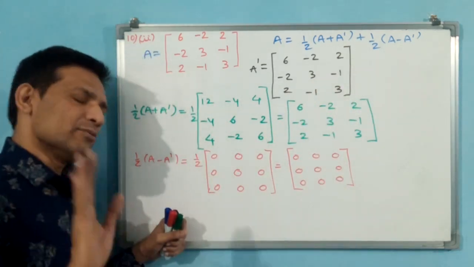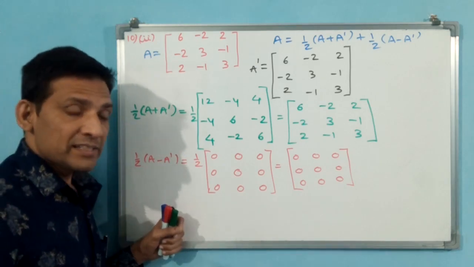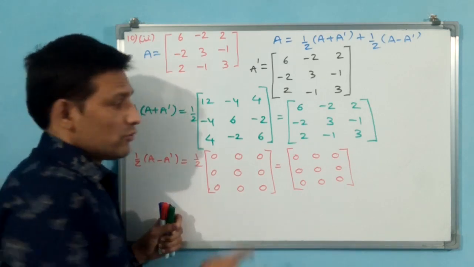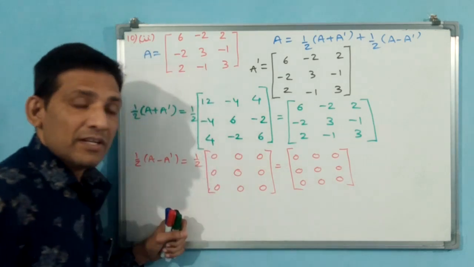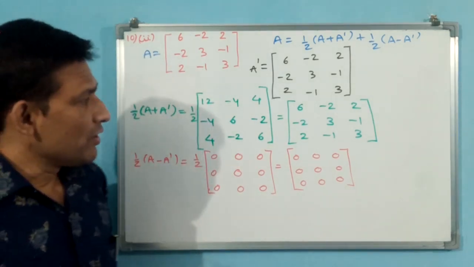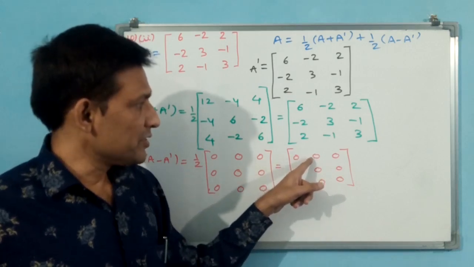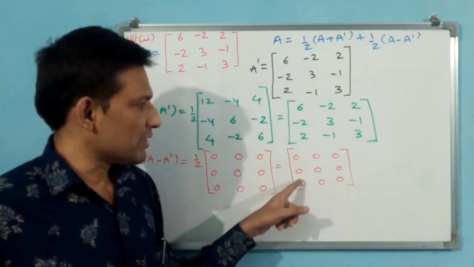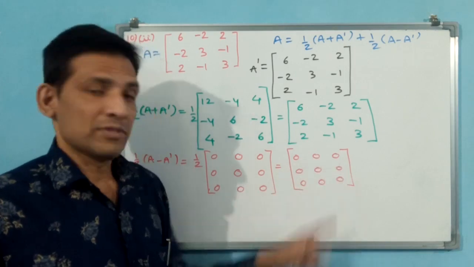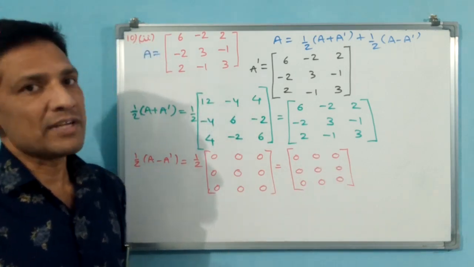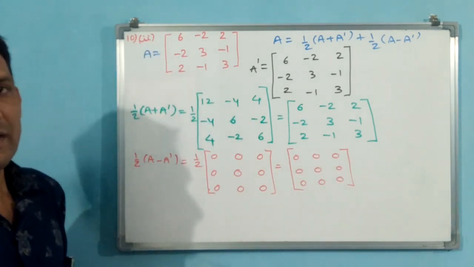Is it a square matrix? Yes. Second, the diagonal should be 0. You see the diagonals are 0. Third condition we have seen: opposite elements should have negative signs. If it is positive, it is negative. If it is negative, it is positive. But here both are zeros, so you do not see that sign criterion.